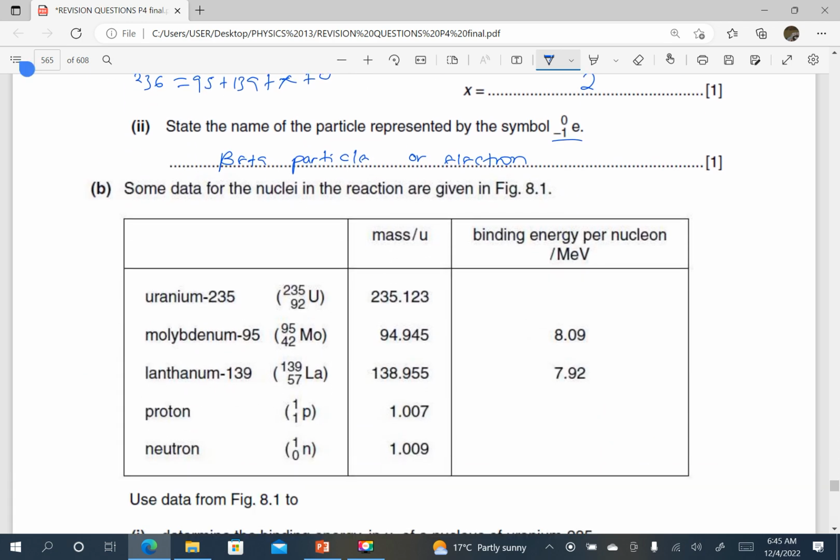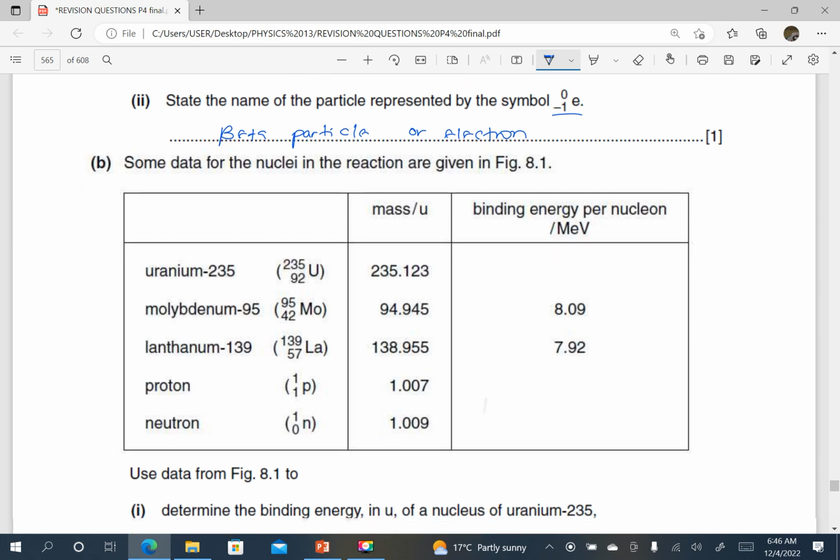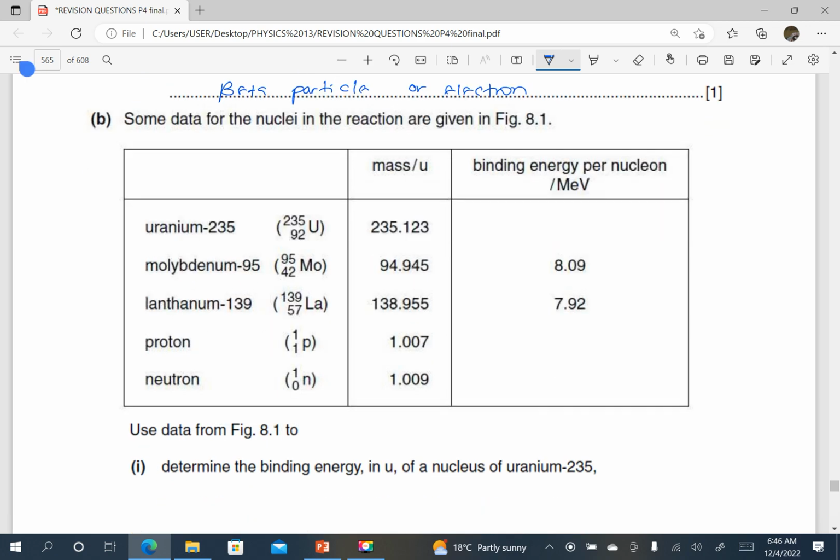Okay. Some data for the nuclei in the reaction are given in the figure. So they have given us mass in U, unified mass unit. Remember, 1 U is 1.66 times 10 power negative 27 kilograms.